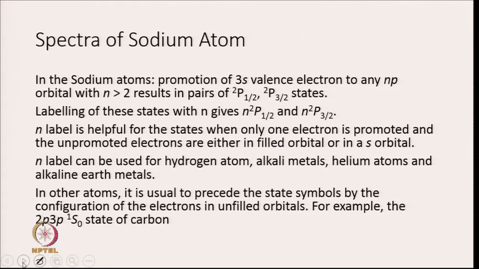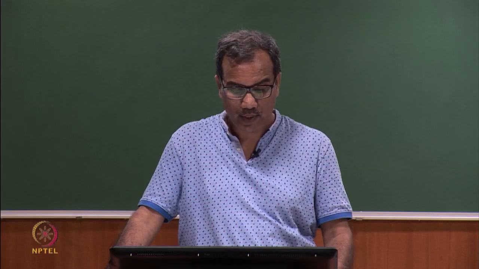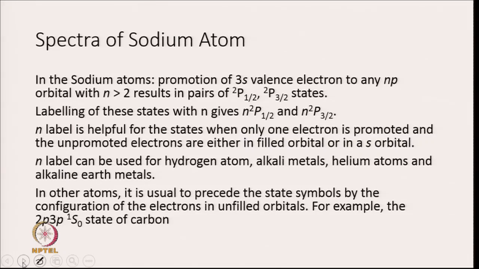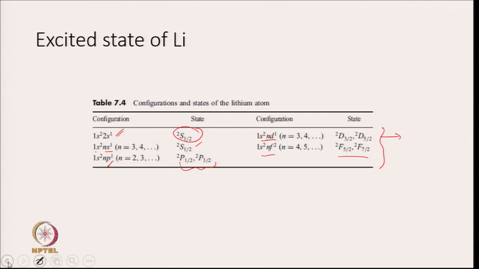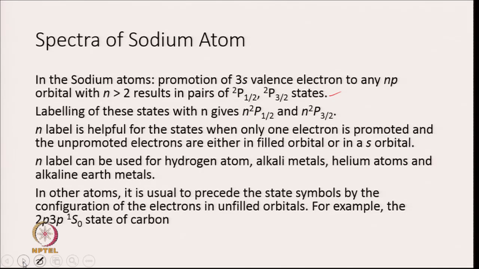So, now we will talk about the sodium atom. In the sodium atom, promotion of the 3s valence electron to any np orbital with n greater than 2 results in a pair of these 2 states. This is the same as lithium. Similar kinds of things can happen in the case of sodium.